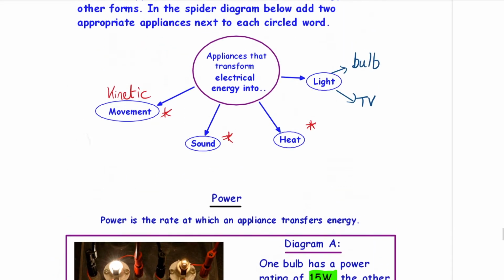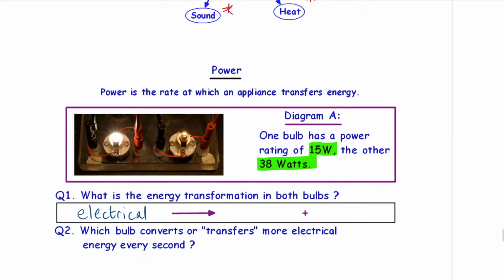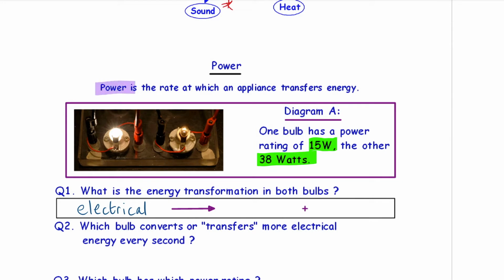Now this next sentence that I'm about to highlight here is really at the heart of this lesson. Power is the rate at which an appliance transfers energy. Energy is measured, remember, in joules.